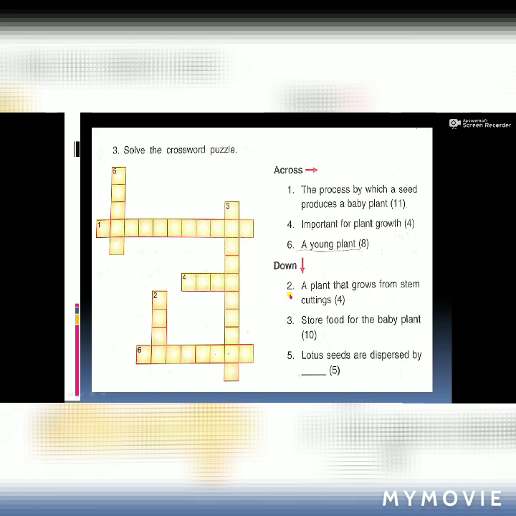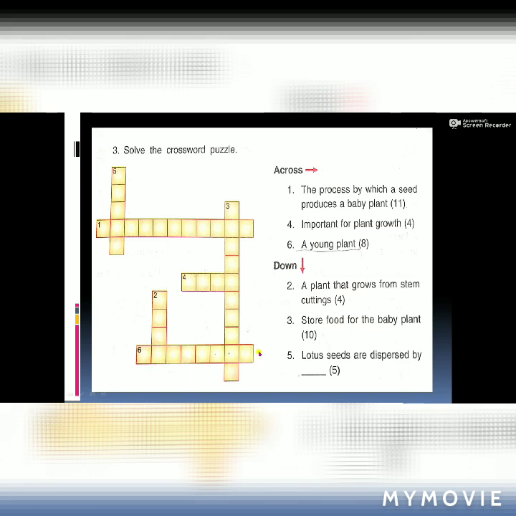For number 2, you have to see how many boxes there are and think about the whole chapter. Third is store food for the baby plant. It means what is known as the store of food for the baby plant. I discussed it and have shown it to you also.